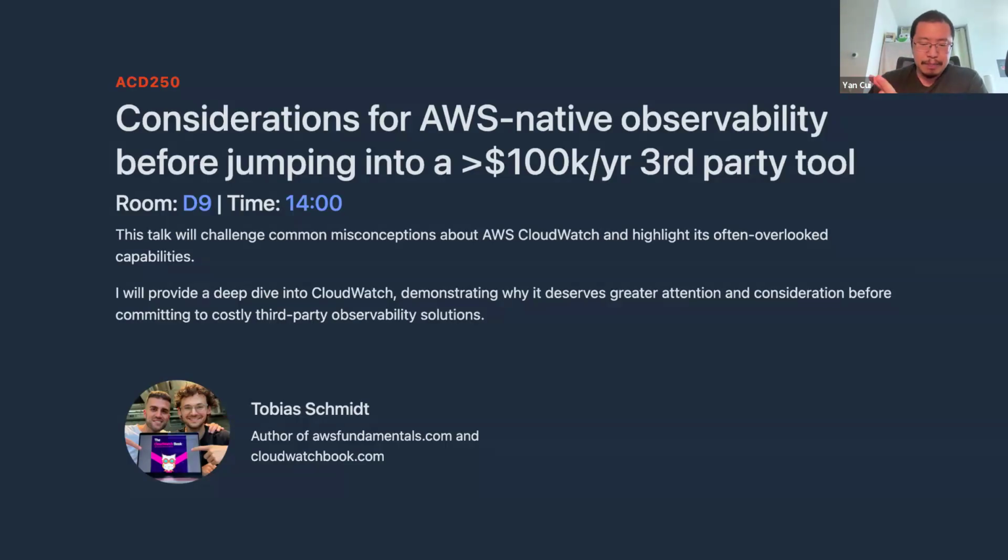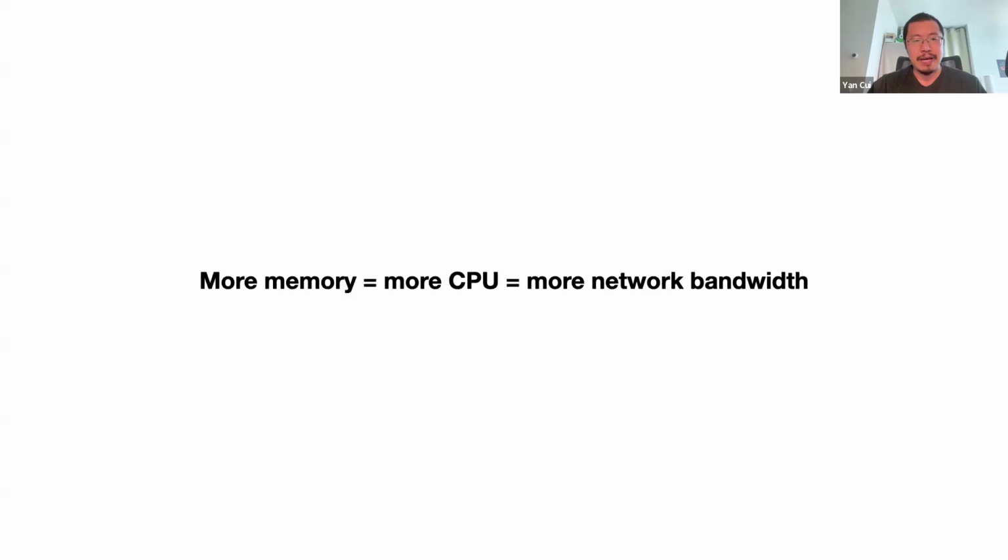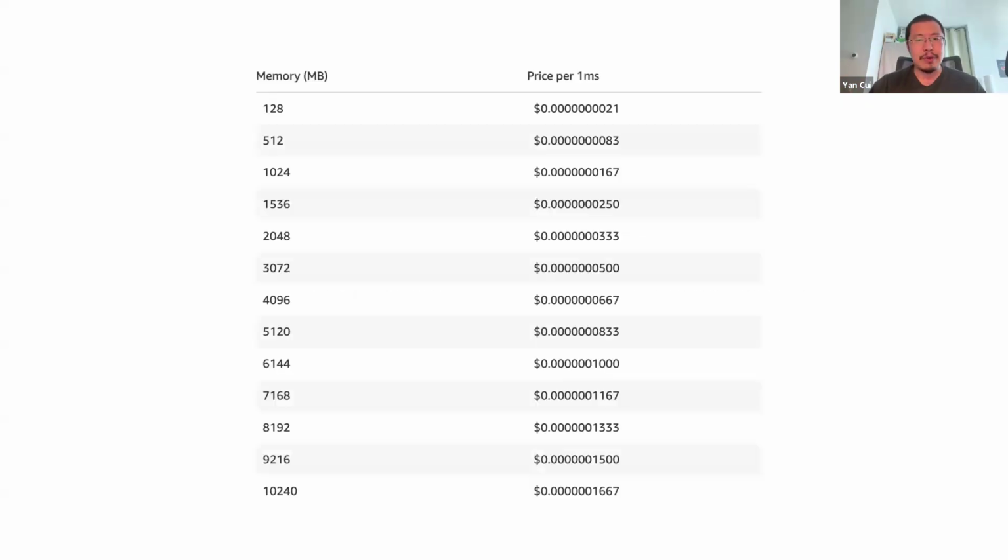So before you sign a big contract with some other third-party vendor, it's good to understand what you can get out of the box with CloudWatch. As far as Lambda is concerned, this is probably the one main thing you can do in terms of optimizing cost, because with Lambda, more memory equals more CPU and more network bandwidth, but you also get charged more per millisecond of execution time based on how much memory your function has.